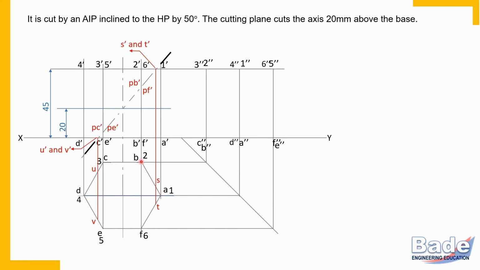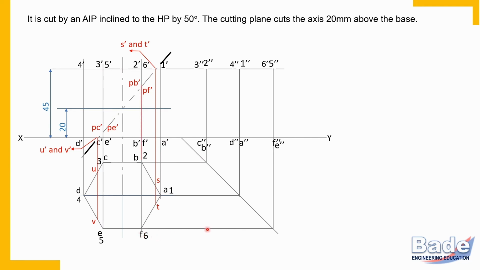So B2, this corner, is not just a point, it is edge B2 in the top view. Point PB is on edge B2. Therefore, point PB in the top view is on this corner. On edge B2 means on this corner B2 because this corner is edge B2. This is how PB is on this corner and PF is on edge F6, that is, on this corner.